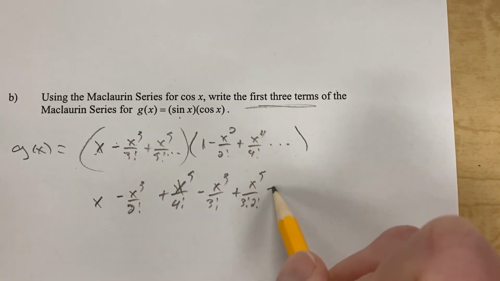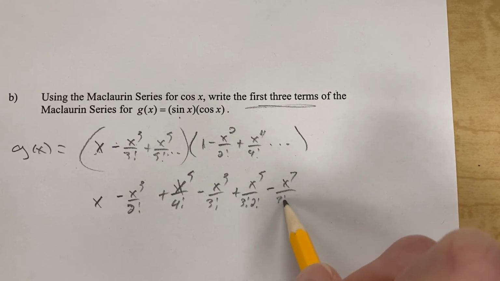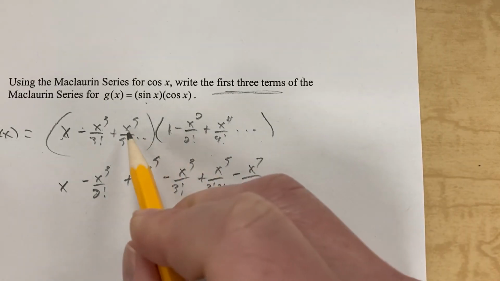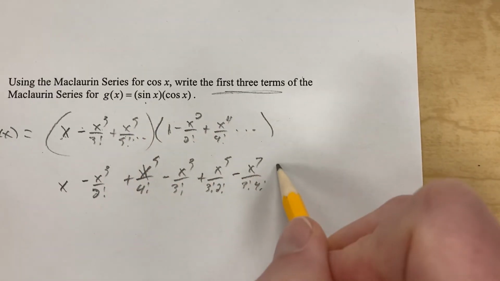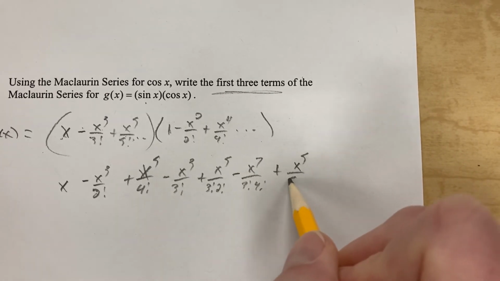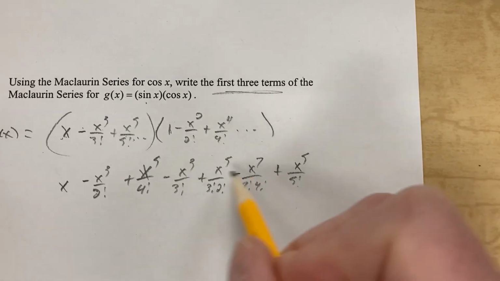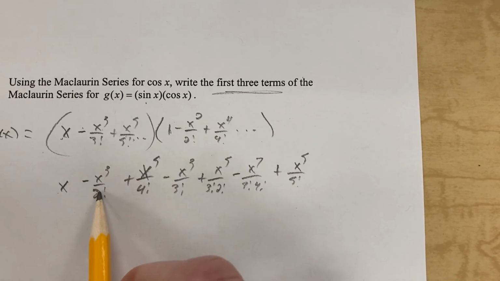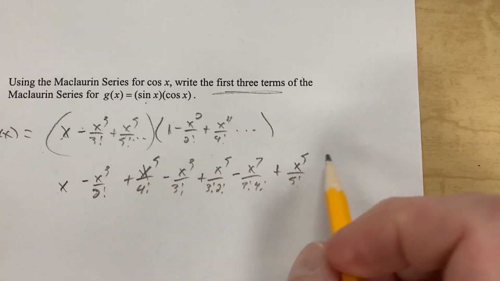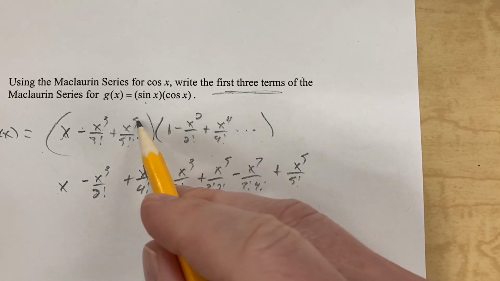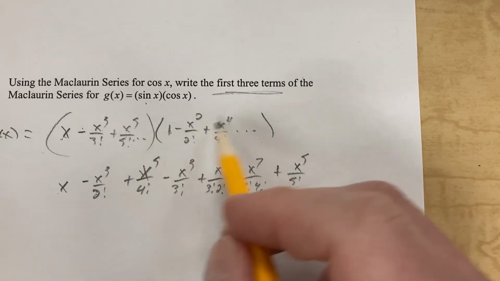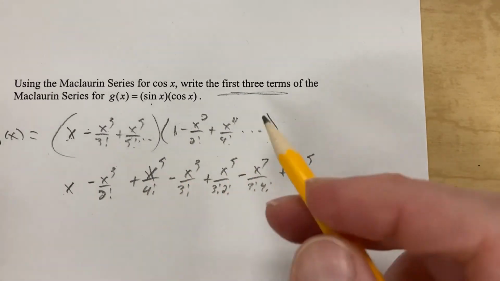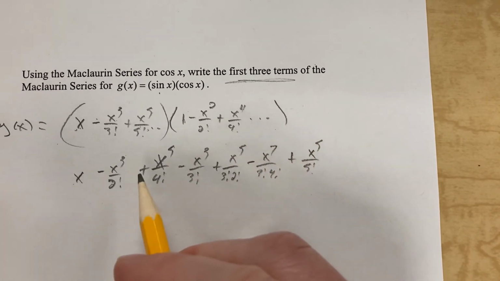And then a negative x to the 7 over 3 factorial, 4 factorial. Okay. Then go to the next one, x to the fifth over 5 factorial times 1. Now, if I'm looking for the first three terms, I see x, I see an x to the 3, I see an x to the 5. Probably don't need an x to the 7, so I can kind of stop there. I don't need to go up to x to the 7th or x to the 9th or anything like that.